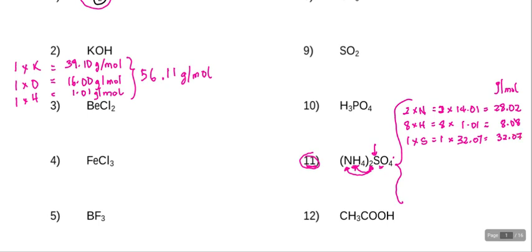Lastly, I've got 4 oxygens, so that's 4 times oxygen, and on my periodic table, oxygen is 16. So 4 times 16 is 64.00.